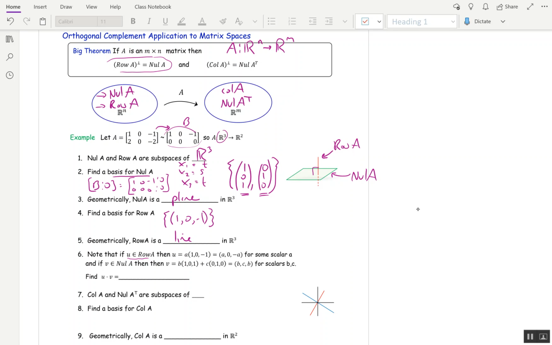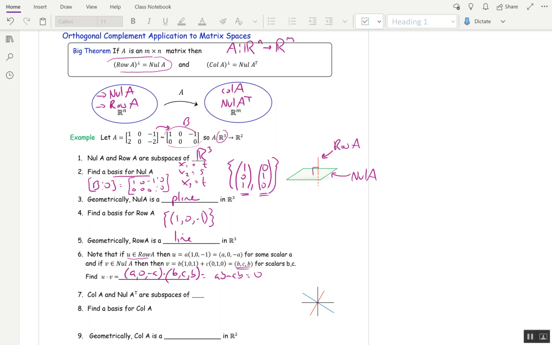So it might be b times 1, 0, 1 plus c times 0, 1, 0, so it will look like this. And if I take u and dot it with v, what was u? u was a, 0, -a. If I dot that with b, c, b, I'm going to get ab minus ab, which is 0. So all the vectors in row A are perpendicular to the vectors in null A.